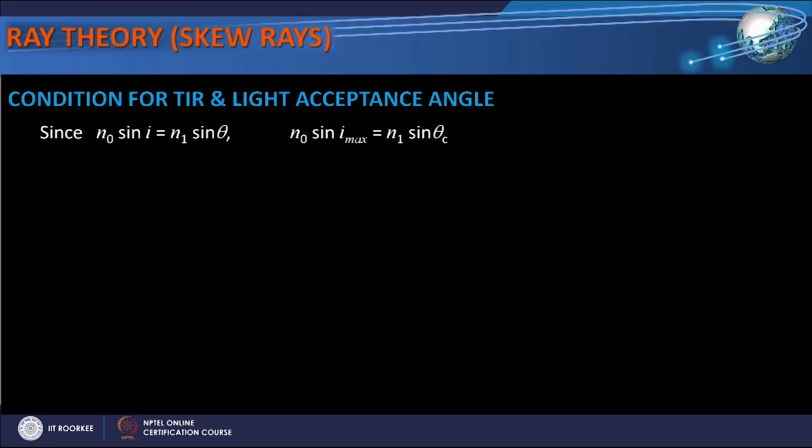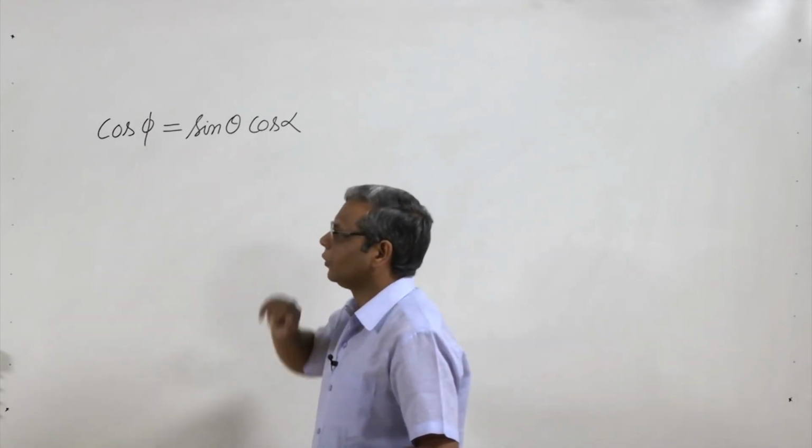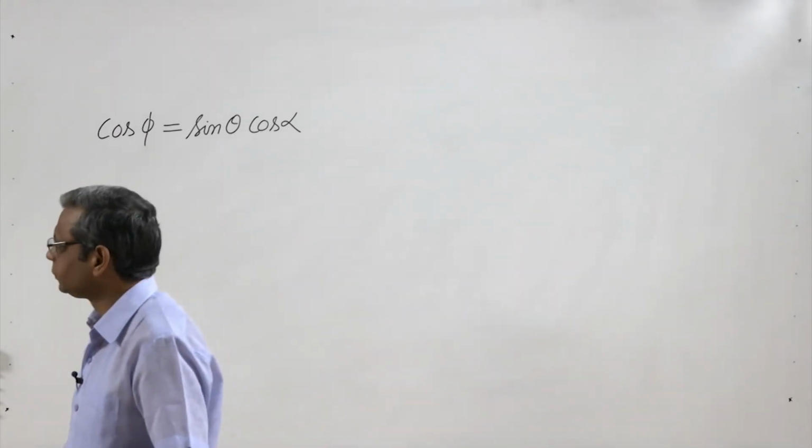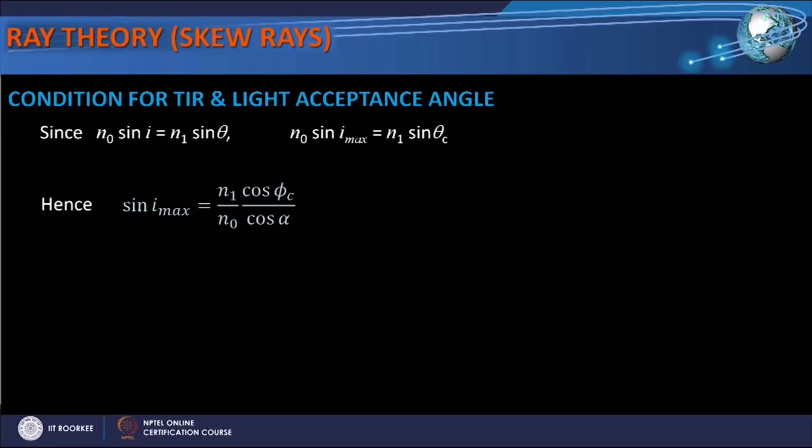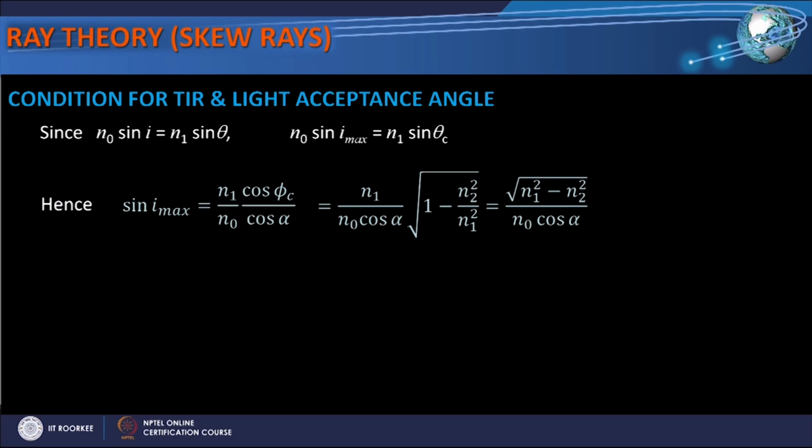So, n0 sin I max should be equal to n1 sin theta c correspondingly, and hence sin I max would be equal to n1 cos phi over n0 cos alpha, because sin theta is equal to cos phi divided by cos alpha. And cos phi is square root of 1 minus n2 square over n1 square. So, this gives me sin I max is equal to square root of n1 square minus n2 square over n0 cos alpha.